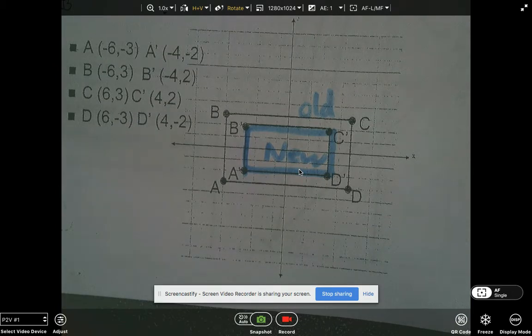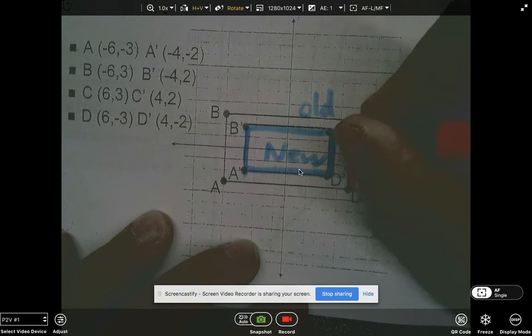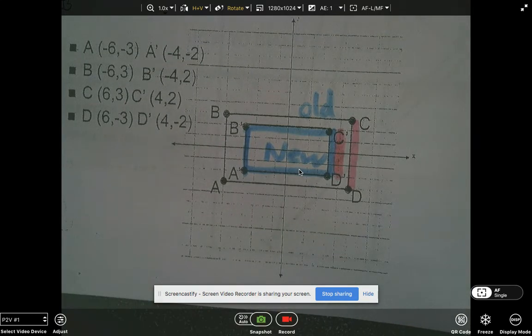We could really do any two corresponding side lengths. I'll just use the two CDs, if you will. So CD, and then the CD here. Can someone tell me what's the length of my new?